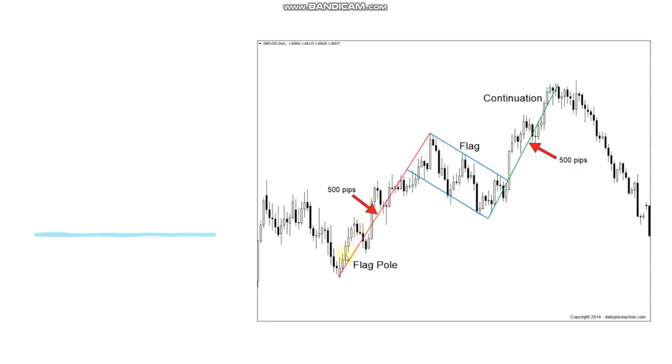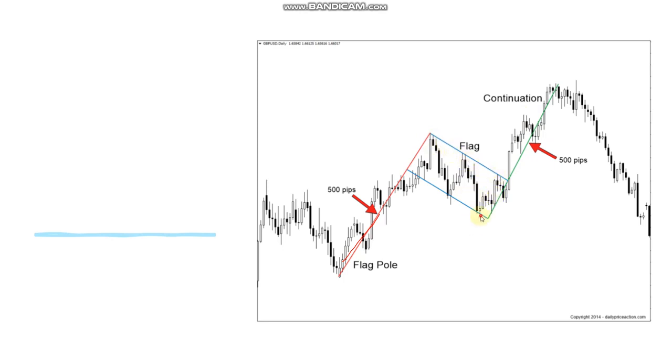Again, the market is going up here, we have drawn an imaginary flagpole, and this is a flag, this is a flagpole, and when the market breaches this particular line, the upper line of the flag, the market went up and up. So this is how you need to spot a flag pattern and execute a trade accordingly.